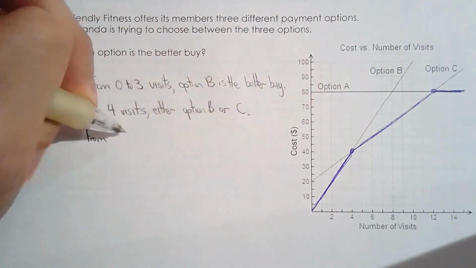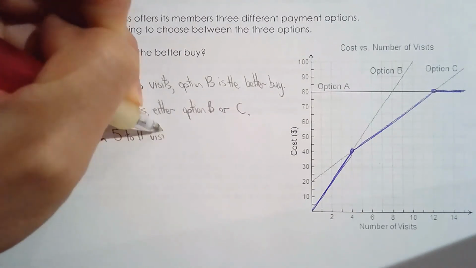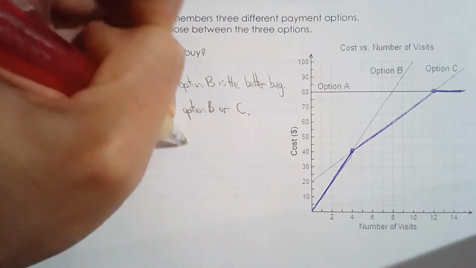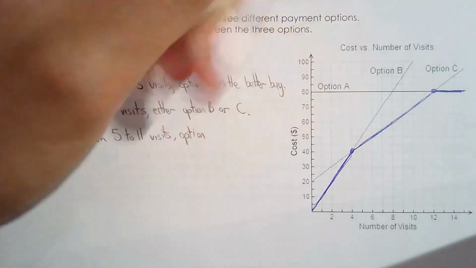Let's see, from 5 to, this is 12 here, right? So that's 11. From 5 to 11 visits, option C is the better buy.